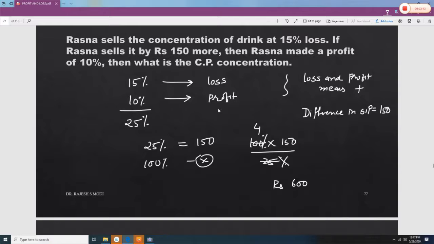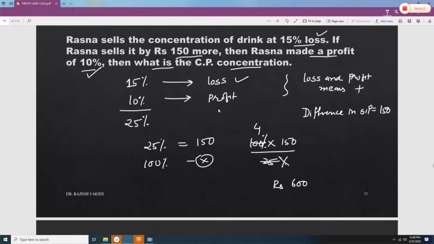Rasna sells the concentration of a drink at 15% loss. If Rasna sells it for 100 rupees more, then Rasna made a profit of 10%. Then what is the CP of the concentration? So in the first transaction she made a loss of 15%, and the second time she is going to make a profit of 10%.